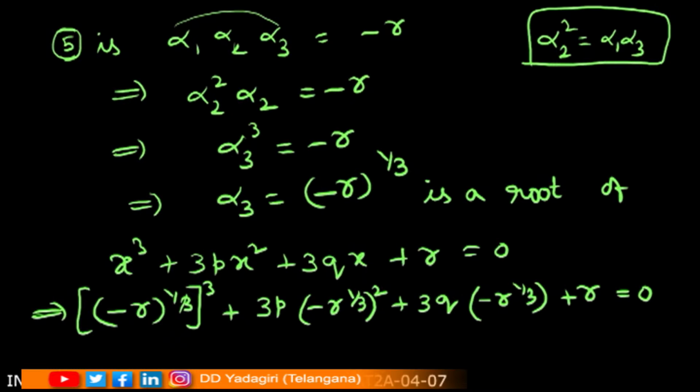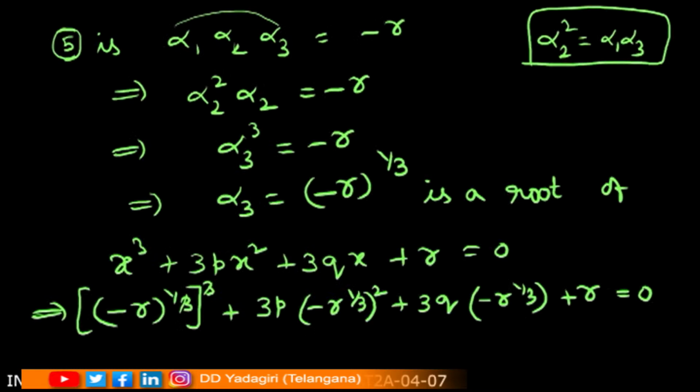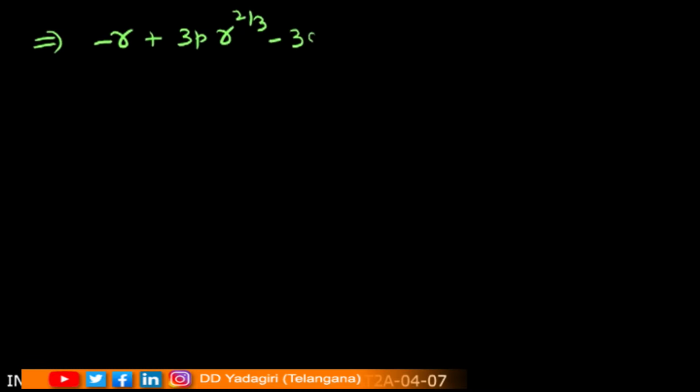So the 3 gets cancelled and we have minus r plus 3p r to the power of 2 by 3, since minus whole square is plus, minus 3q r to the power of 1 by 3 plus r is equal to 0.